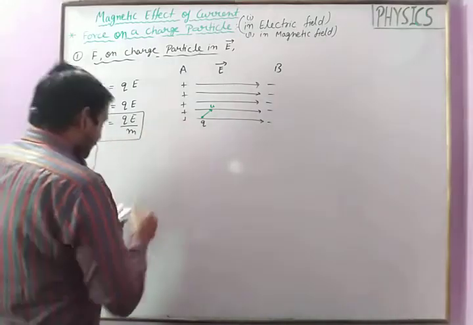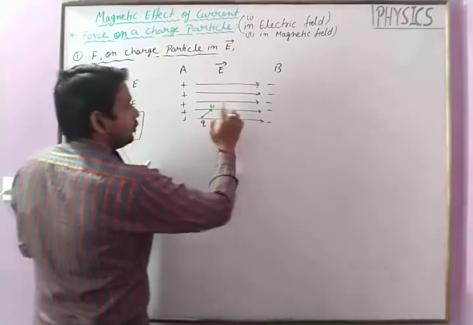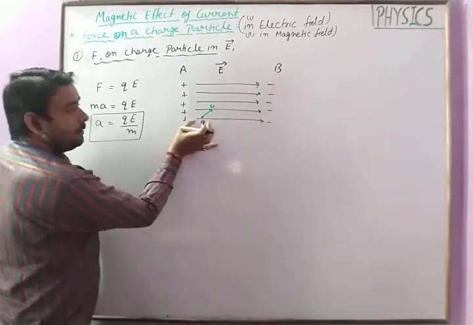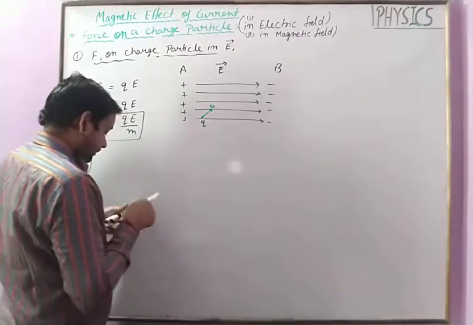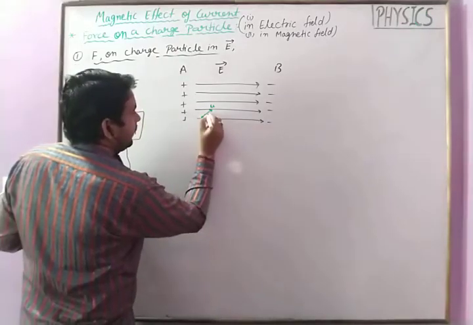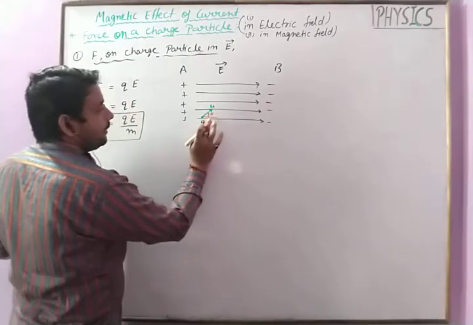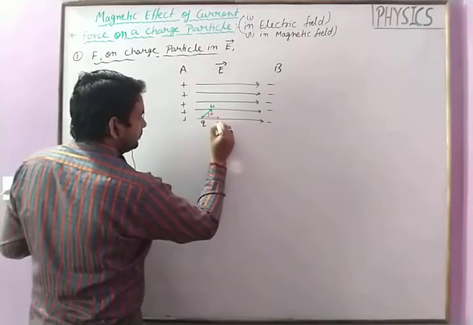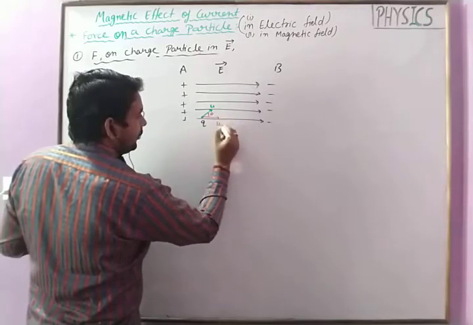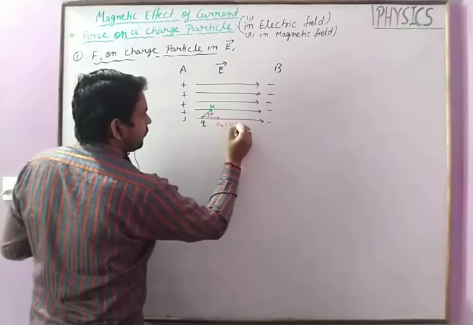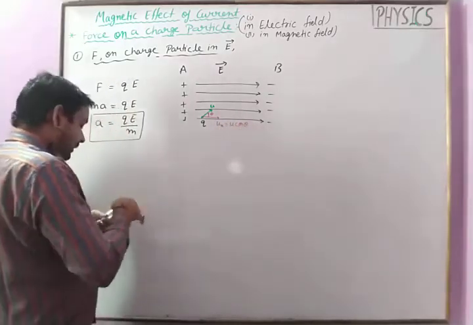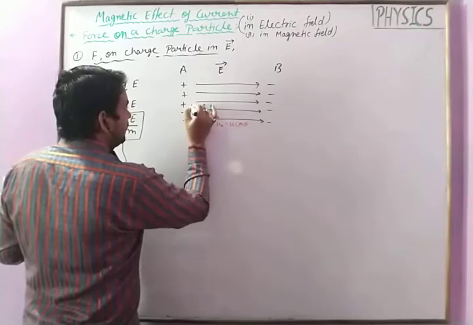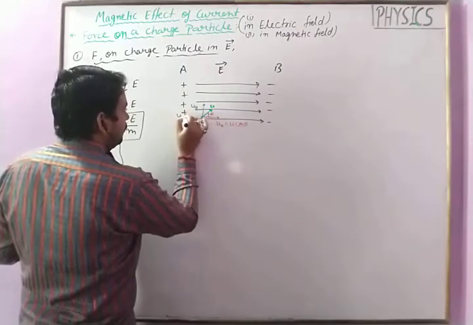Now it is observed that when the particle is moving, if we resolve the velocity vector, if the particle is moving making an angle theta with the horizontal direction, or direction of electric field, therefore horizontal velocity ux is equal to u cos theta, and the vertical velocity uy is u sin theta.